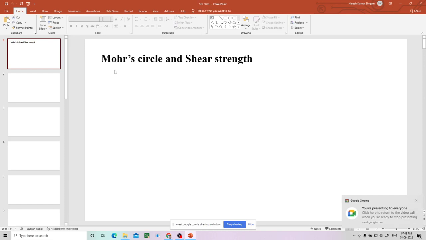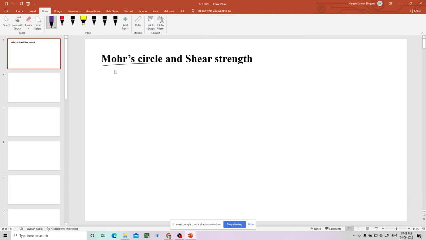I have been teaching about Mohr circle in the last few classes, and today we are going to solve one of the problems which is related to the shear strength. For that you need to know the concept of Mohr circle.